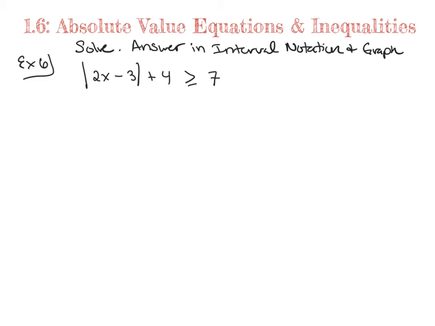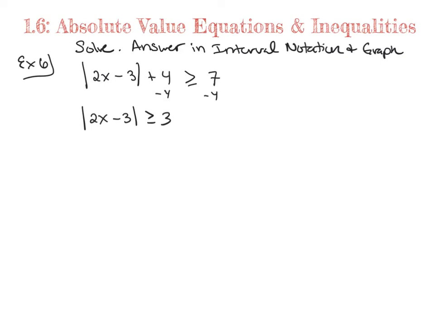So first couple steps are the same as the previous ones. We still want to isolate the absolute value. So absolute value of 2x minus 3 is greater than or equal to, what, 3? If we subtract 4 from both sides? Okay, now here's what I want you to pay attention to. You're going to be asked to either split this up into 2 different inequalities or to write it as a compound inequality, and that will depend on what this sign is.